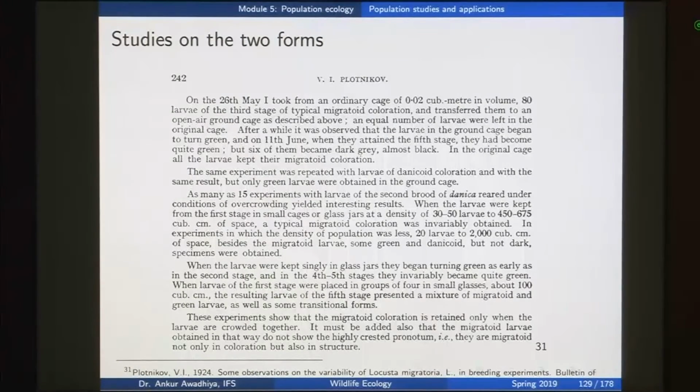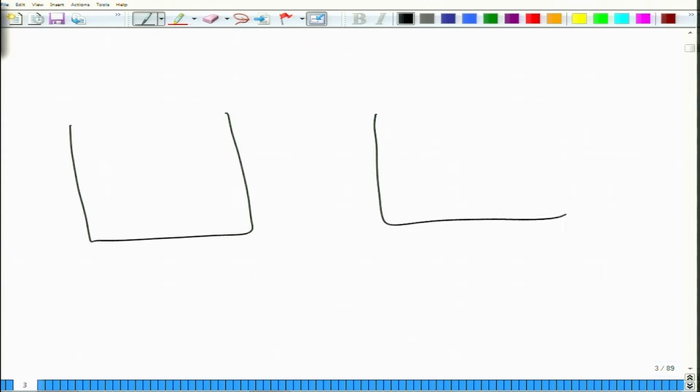So, he further writes, on the 29th of May, I took from an ordinary case. So, he is describing an experiment in this case. Now, what was the experiment? The experiment was that the scientist took out these larvae and he put these larvae into containers in different numbers.